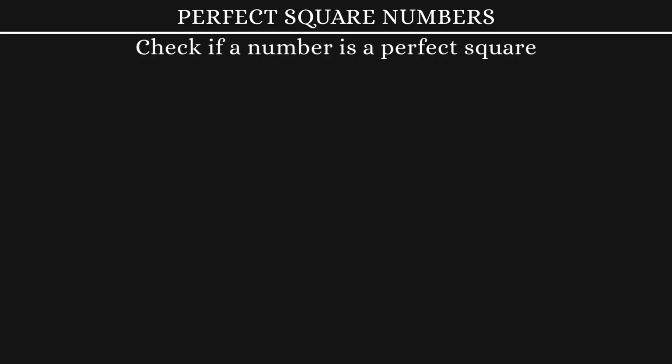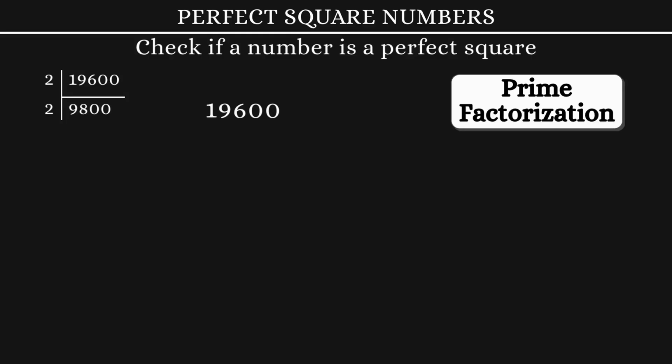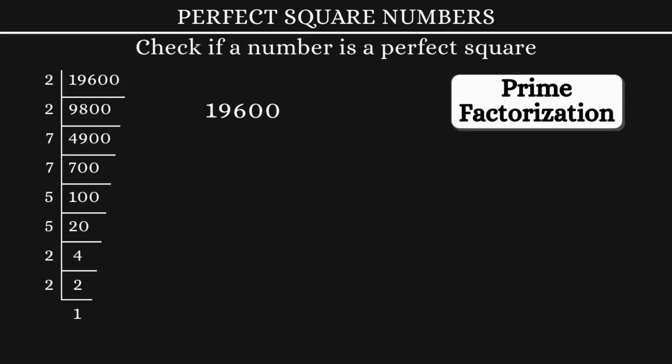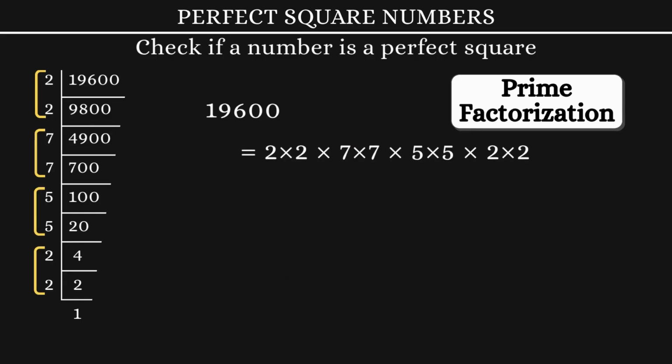Now let's check if this number is a perfect square. Let's start with prime factorization. So these are the factors. All of them are paired. So it is a perfect square number. To find the square root, let's consider one among the similar pair.